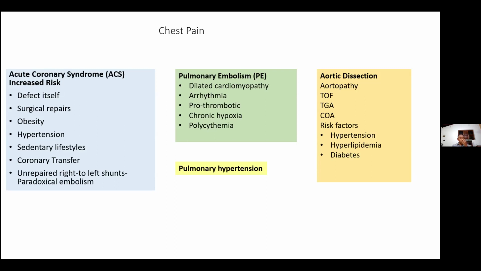And one thing you should not forget, a patient who has been operated and has a right to left shunt can have a paradoxical embolism, which can go from the right side to the left side, go into the coronary, and cause acute coronary syndrome. We have seen enough of these adult congenital patients with undiagnosed ASDs who come for the first time with acute coronary syndrome.